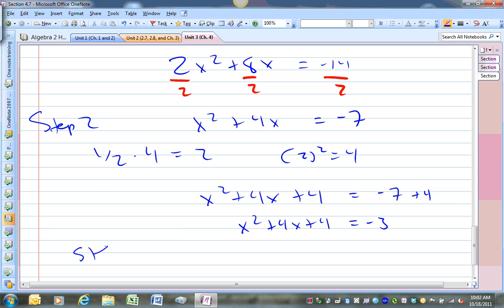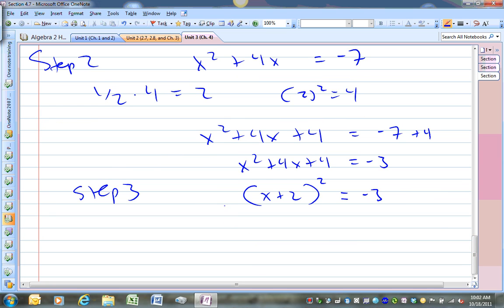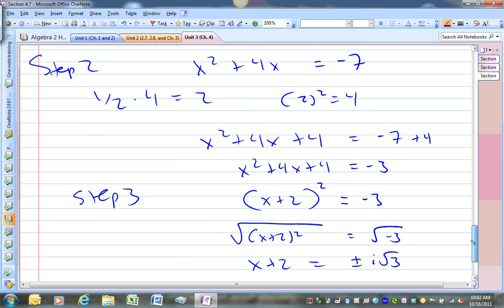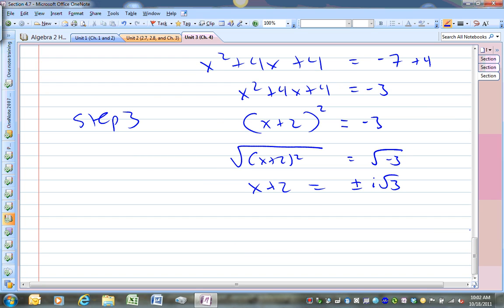And then finally step 3. We factor this. X plus 2 squared equals negative 3. Root both sides. So x plus 2 equals plus or minus i root 3. Remember, we square rooted a negative, so you have to pull the imaginary number out.